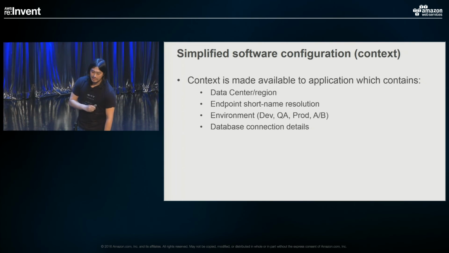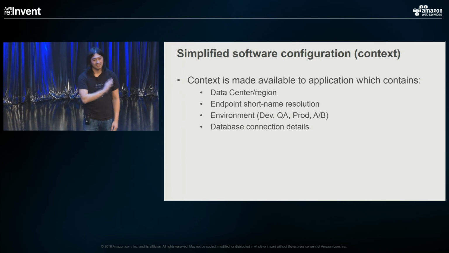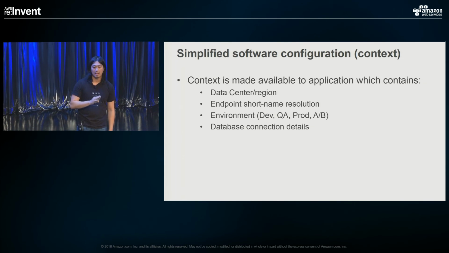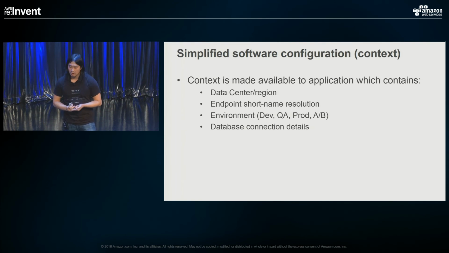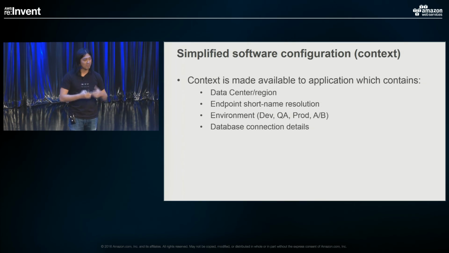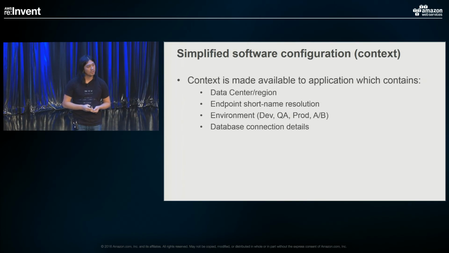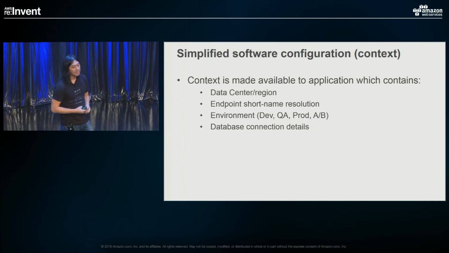So the key thing about simplified software configuration is to make sure the application contains some kind of context which the infrastructure manages. For example, it should have data center, endpoint short name resolution so we know what database and what microservice to talk to, some kind of environment, and database connection details.